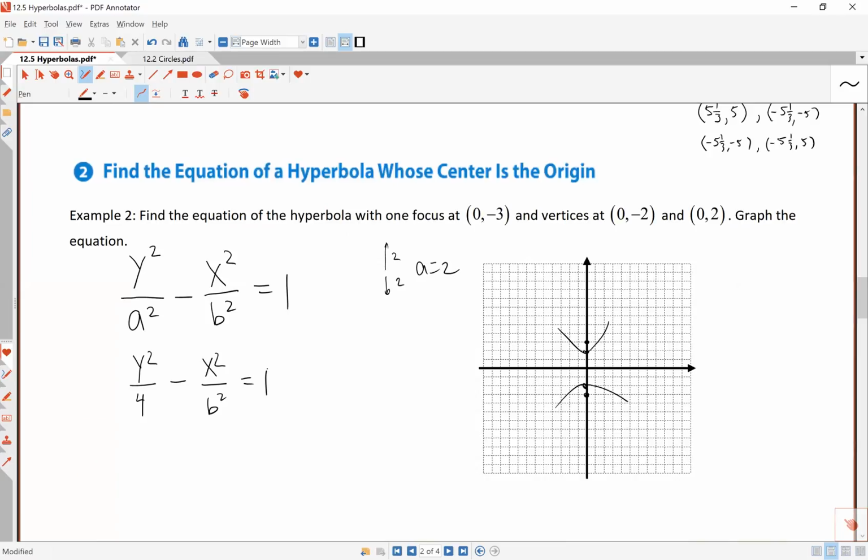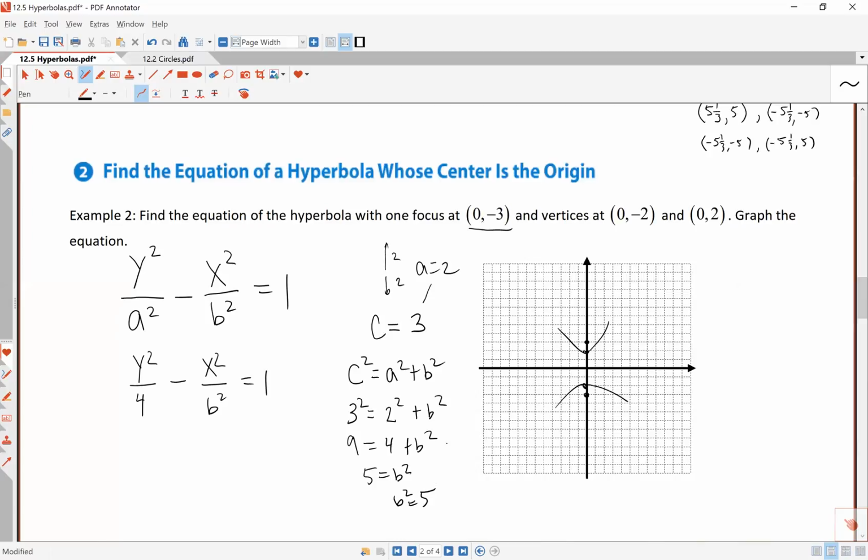Since the foci are 3 units from the center, c is equal to 3, and c squared is equal to a squared plus b squared. So 3 squared equals 2 squared plus b squared, or 9 equals 4 plus b squared. 9 minus 4 is 5, so b squared is 5.